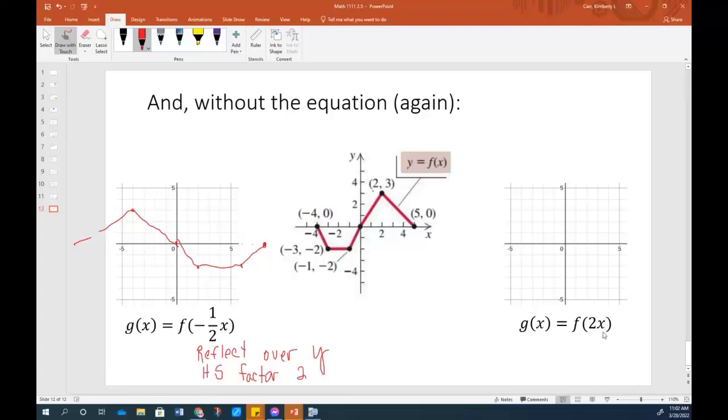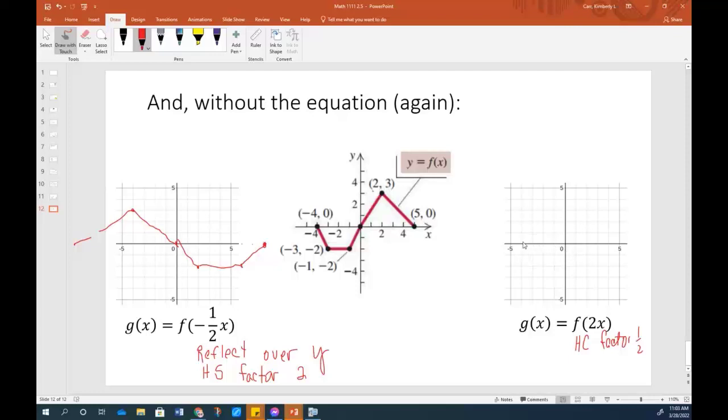And again, over here on this last one, this one does not reflect, but it is a horizontal compression, and the factor is 1/2. So you're only going to go half as far over for the same height. The 2 means you would have to put half in there to get the same height.